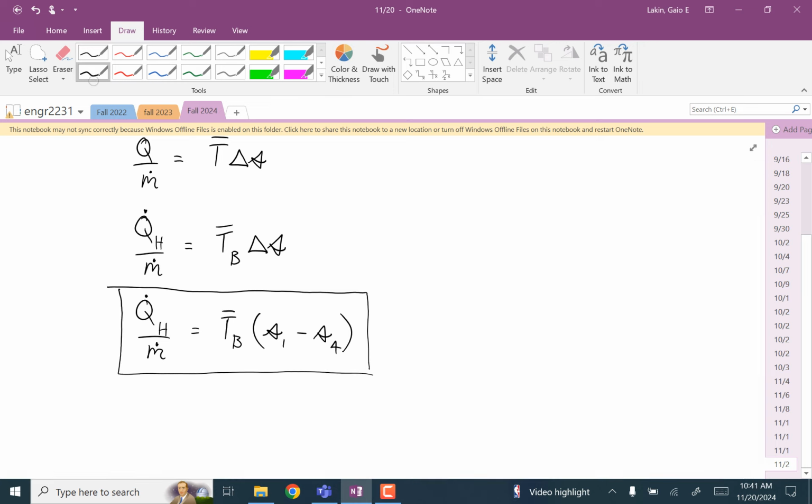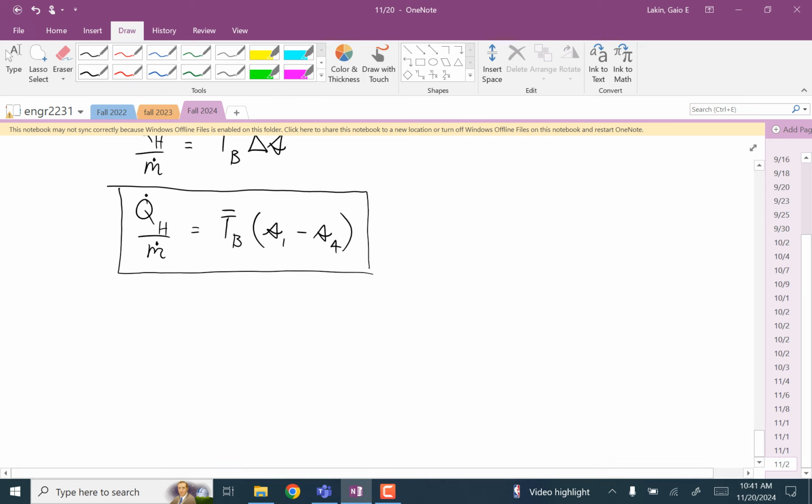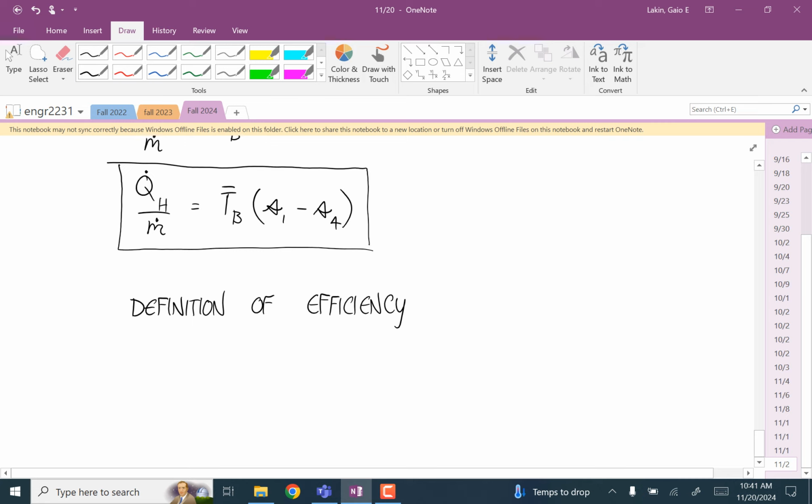And the way we're going to use it is the definition of efficiency, which is 1 minus QC over QH.